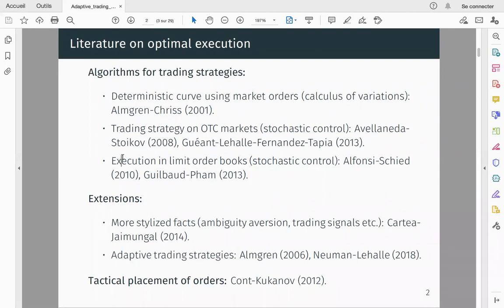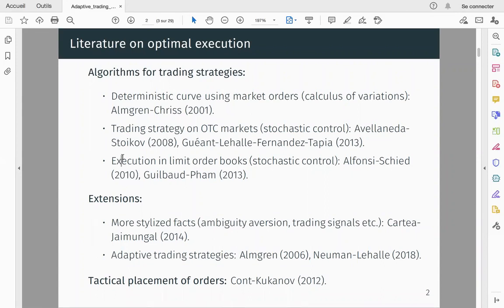The title of the article is High Frequency Trading in a Limit Order Book, but in fact the model they propose is more suited to OTC markets, because the spread processes, which are the control processes of the trader on the bid and ask side, are continuous. And if you are in an LOB, the control processes are more discrete.